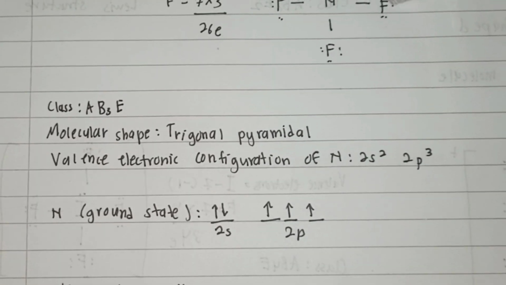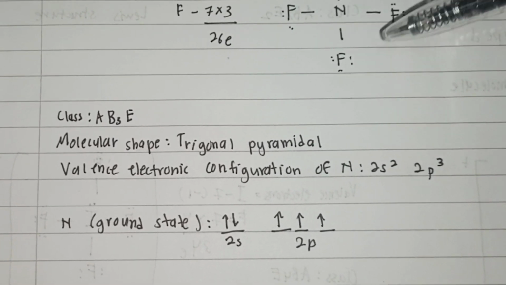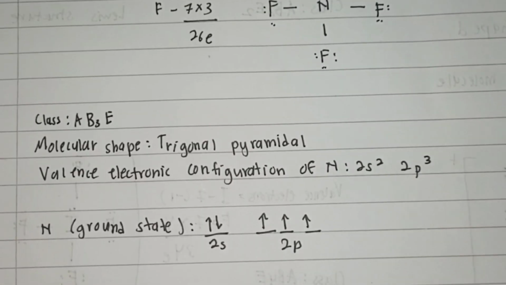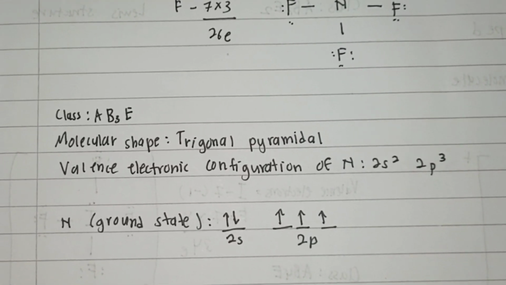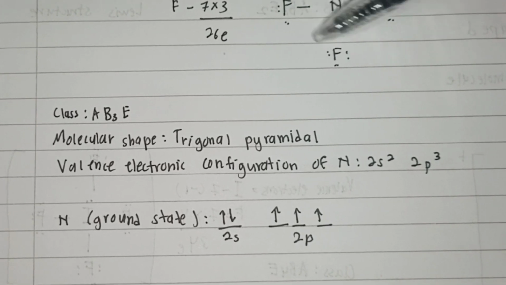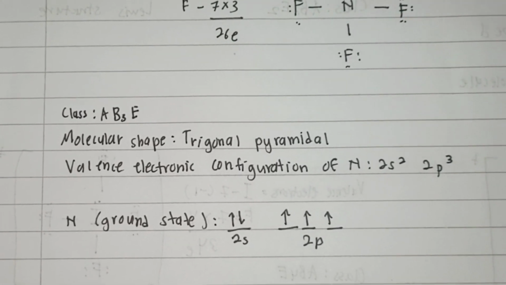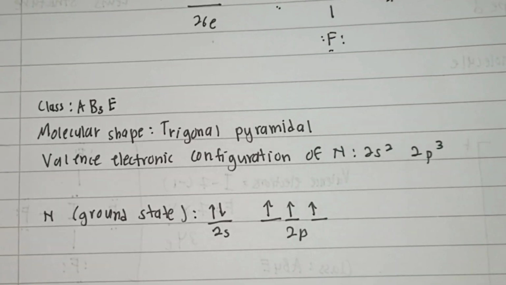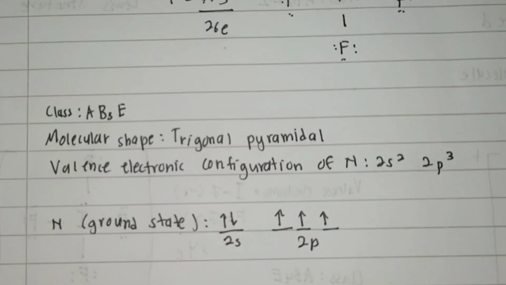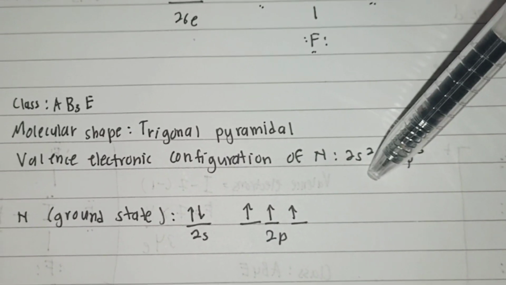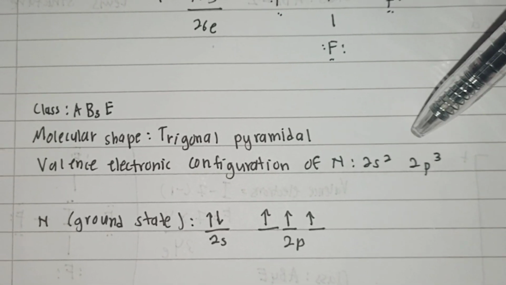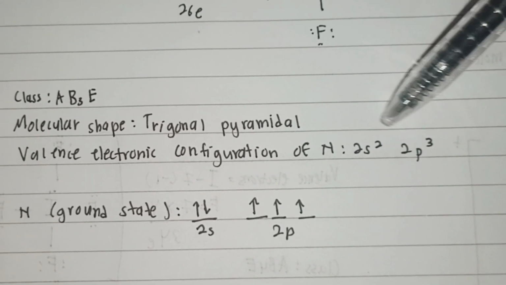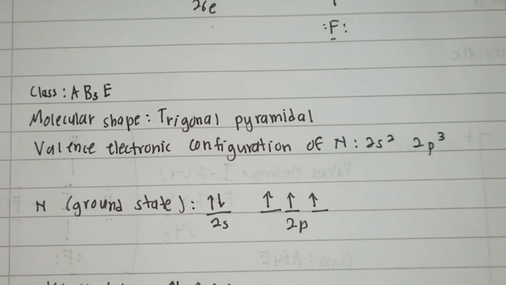So moving on, when we draw our Lewis structure, we can conclude the class of this molecule. We say the class is AB3E because it has 3 branches and 1 lone pair. So the molecular shape for this class is trigonal pyramidal. The valence electron configuration of N, as we know, N has 5 valence electrons, which is 2s2 and 2p3. 2 plus 3 we get 5, so it is correct.